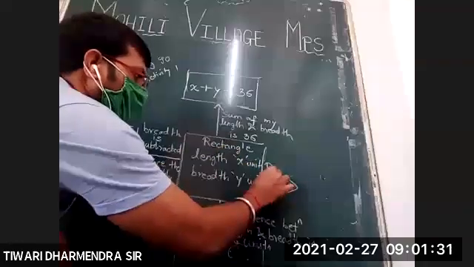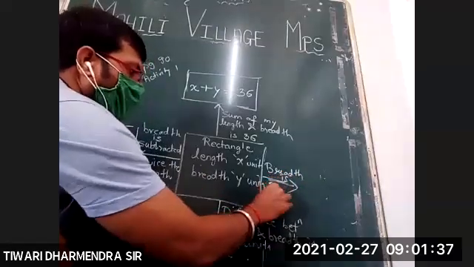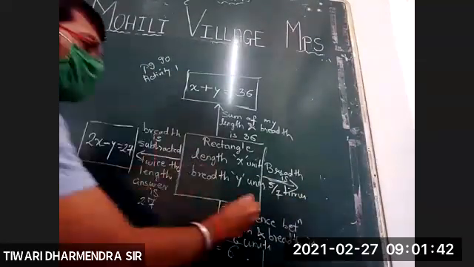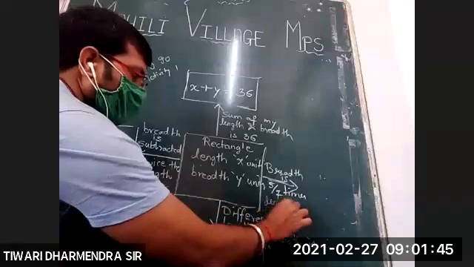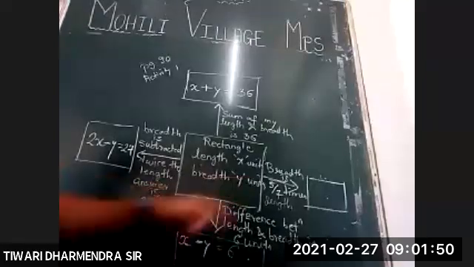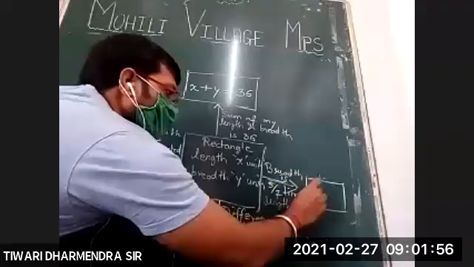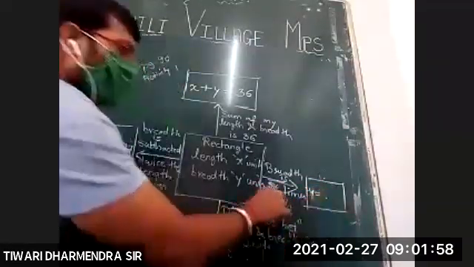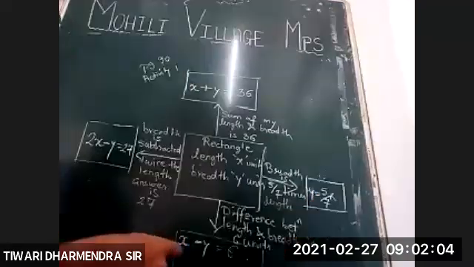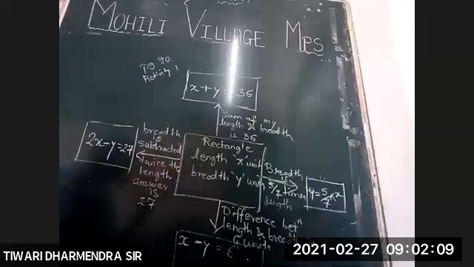So breadth, which is y, is equal to 5/7 times the length, meaning multiplication into length. So we have completed this activity.